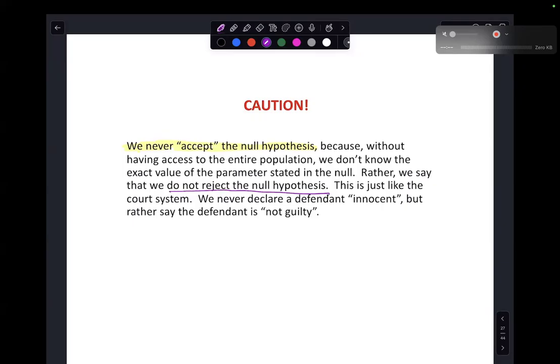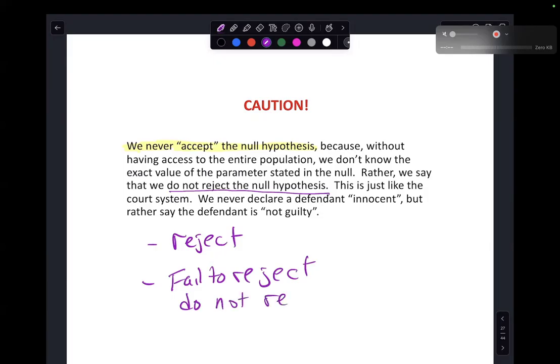So you will either say that you reject, or you will say that you fail to reject. You can say fail to reject, or you can say do not reject. I usually say fail to reject because I like that better. But please make sure that if you are writing out a conclusion, you say one of those things.